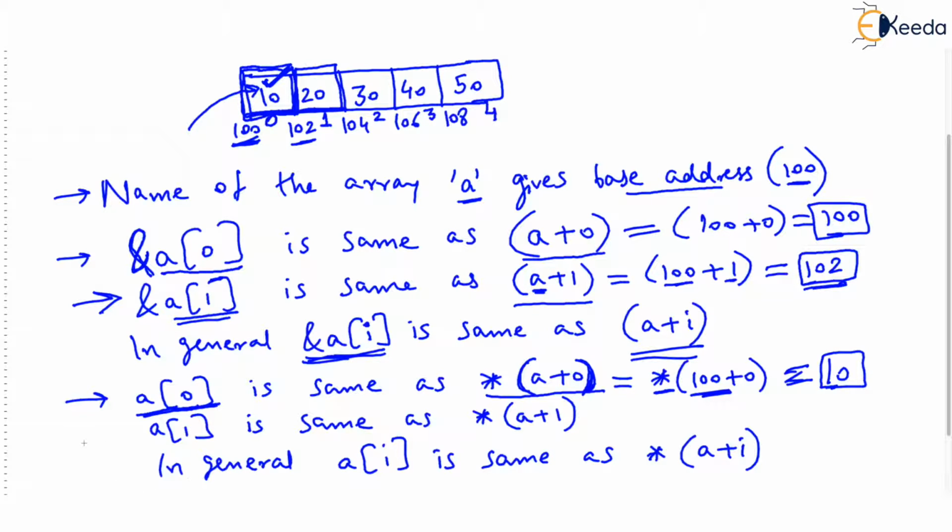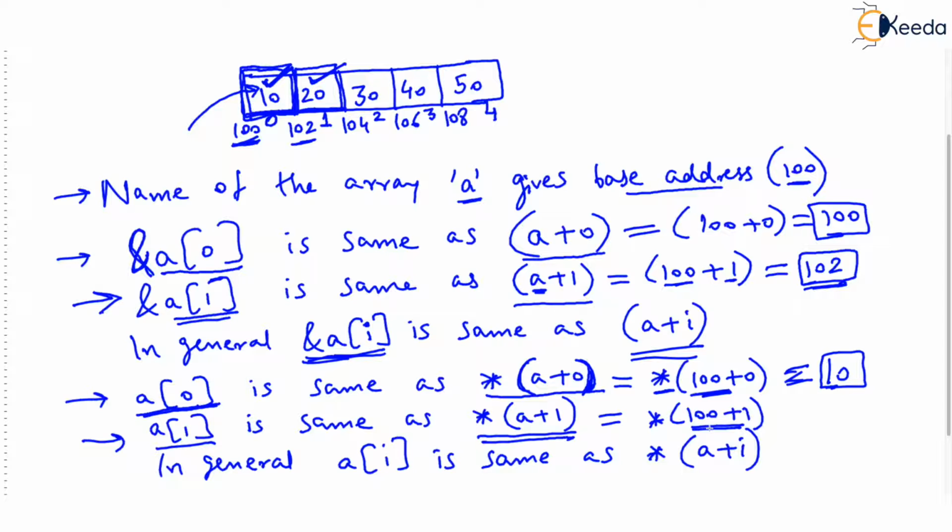But then what is A1? A1 means value of A1. That is 20. But the other way of writing it is asterisk A plus 1. Because you know that A is 100 and you are adding 1 to it. Correct? And you are doing an asterisk before it. But 100 plus 1 is going to be 102 because we are talking about integer pointer.